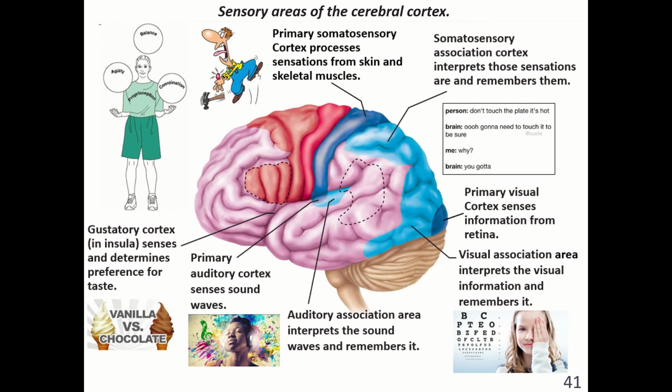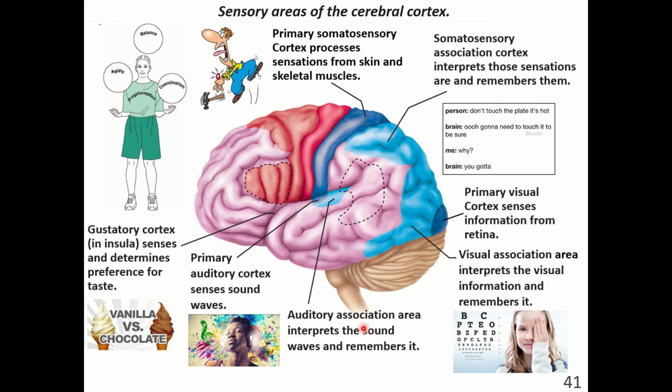This illustration shows the sensory areas of the cerebral cortex. So here's the primary somatosensory cortex, which processes sensations from the skin and the skeletal muscles. This is the Somatosensory Association Cortex that interprets those sensations and remembers them. The primary visual cortex senses information from the retina, and the visual association area interprets the visual information and remembers it.